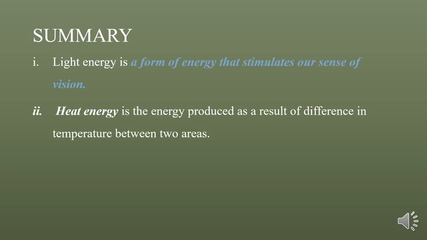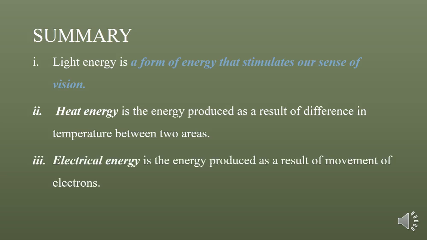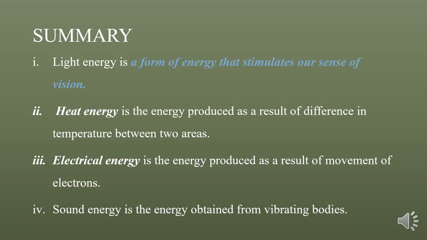Also, we've learned that heat energy is the energy produced as a result of difference in temperature between two areas. Again, electrical energy is the energy produced as a result of movement of electrons. And finally, sound energy is the energy obtained from vibrating bodies.